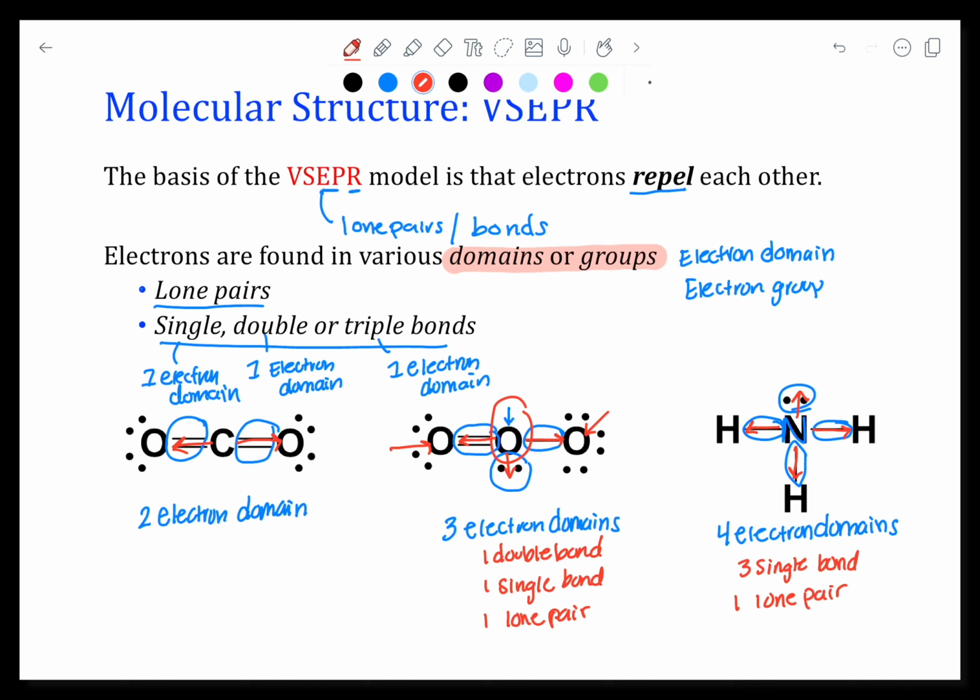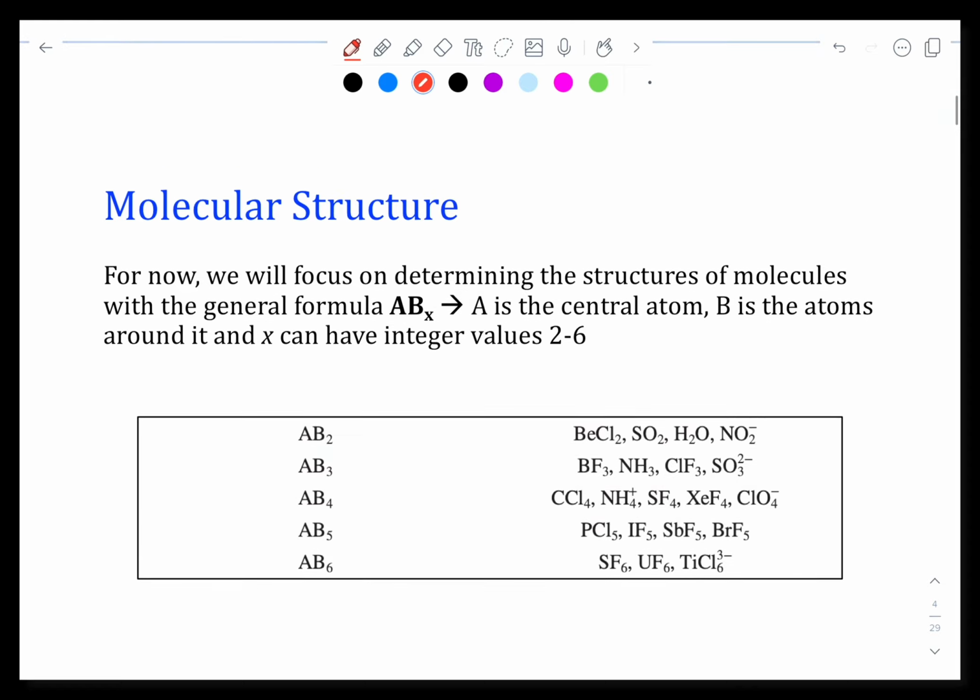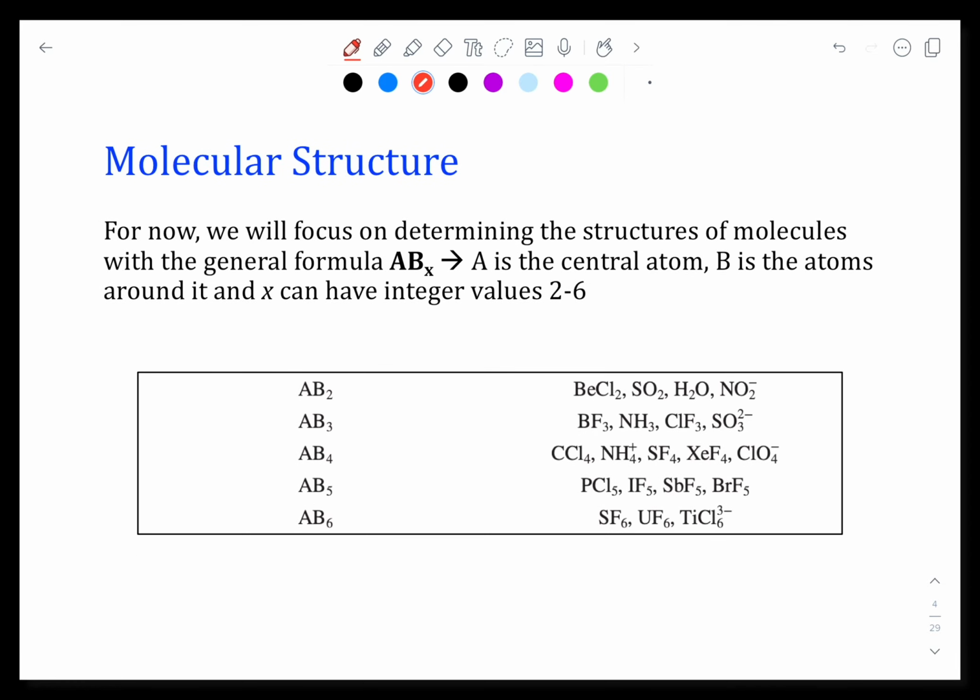Determining the number of electron domains is very important for determining the geometries of our molecular structures. So let's jump into what those molecular structures and geometries are. For now, as we're learning this, we're going to be focusing on determining the structures of molecules with a very general formula of ABX.